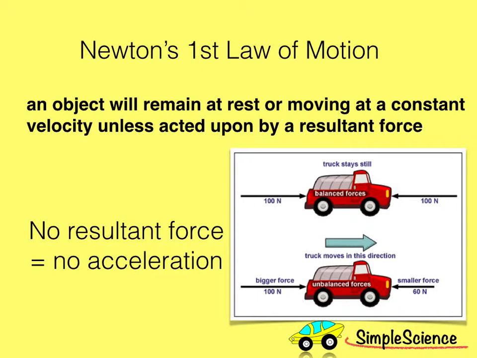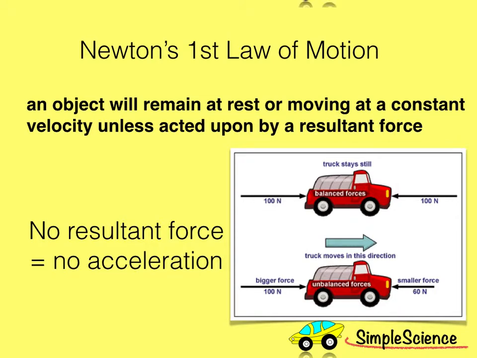The truck on the top has no resultant force because there is 100 minus 100, so there's a zero resultant force, whilst the truck on the bottom has a resultant force of 40 newtons to the right. So there is an acceleration in the direction of the resultant force. There is a resultant force of 40 newtons in the right direction, so there must be an acceleration.